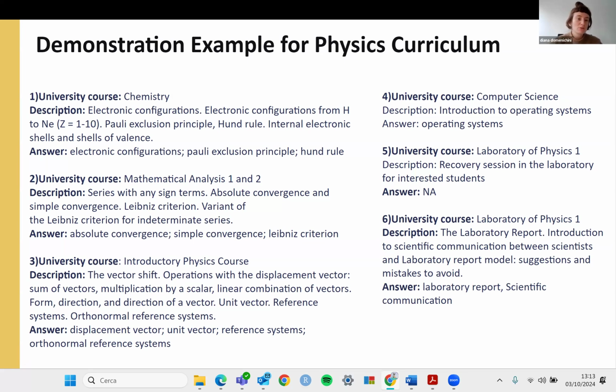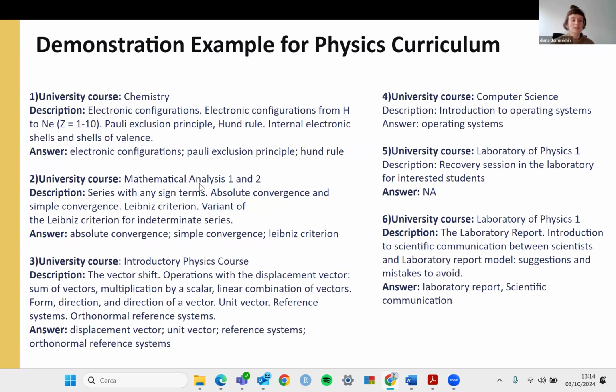We see that for each of them, we specified the type of course, the name of the course, the description of the class, and then the answer, which is just the educational concepts addressed during this class.